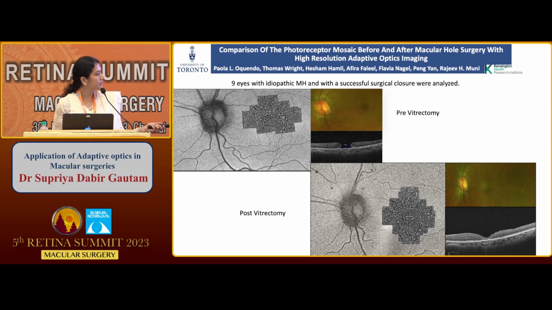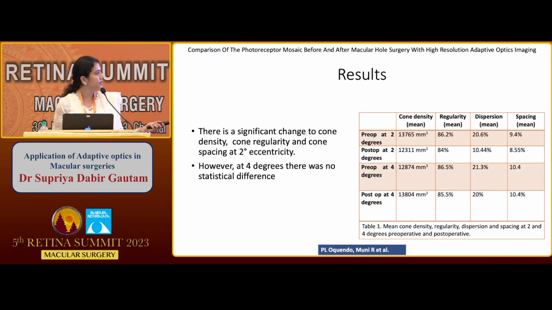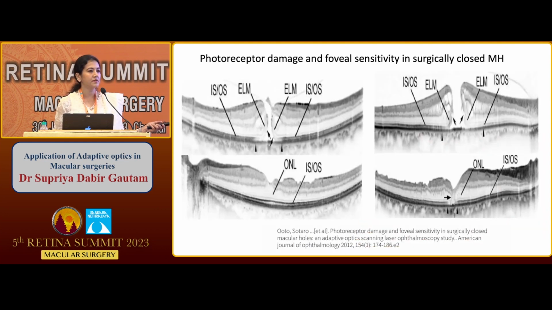Here you can see post vitrectomy, the hole is closed, and there's remodeling. They looked at these 9 patients for cone density, regularity, dispersion, and spacing. At 2 degrees and 4 degrees eccentricity, they said at 2 degrees there is a significant change with the cone density increasing, but at 4 degrees there was no statistical difference.